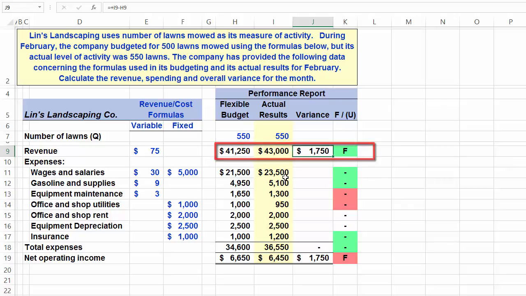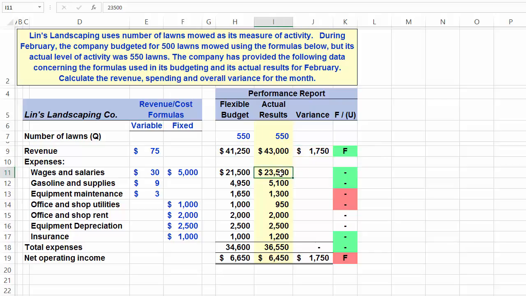On the other hand, we can see that we spent more in wages and salaries than our flexible budget permitted. And again, our flexible budget is relatively valid at a level of activity of 550 lawns. The level of activity is the same as our actual results. So had we spent according to plan, we would have paid $21,500 for wages and salary.